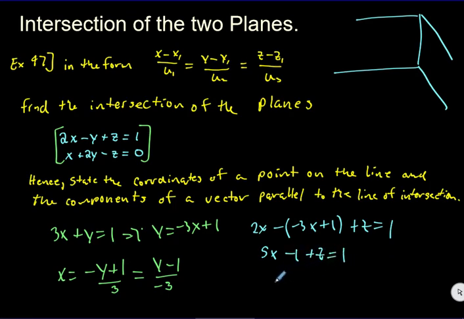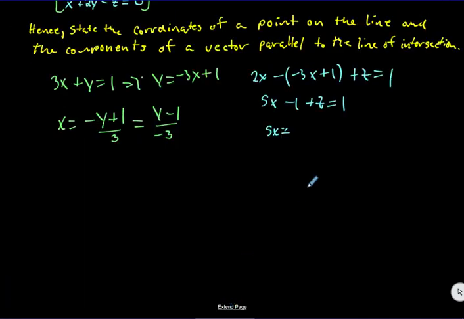Add 1, I'm going to have 2. So I got 5x is equal to negative z plus 2, then divide by 5, and x is equal to (z - 2)/-5.